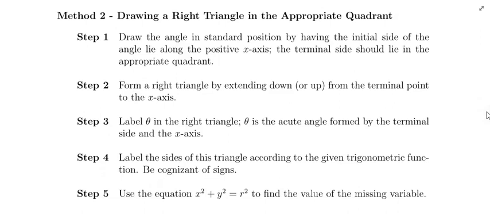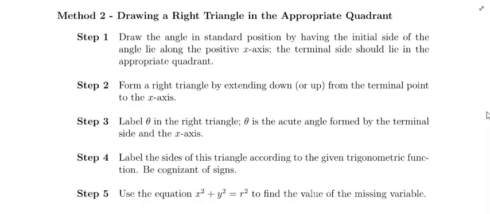In step 1, the first thing you would do is draw the angle in standard position by having the initial side of the angle lie along the positive x-axis and the terminal side lie in the appropriate quadrant. In step 2, you're going to form a right triangle by extending down or up from the terminal point to the x-axis.